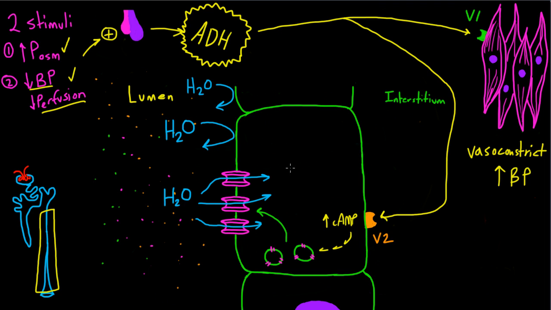So now water is able to be reabsorbed in the collecting duct as a result of the V2 receptor being stimulated by ADH. And I also drew a solute here in the lumen of the tubule. As water is being reabsorbed, the urine is becoming very concentrated.